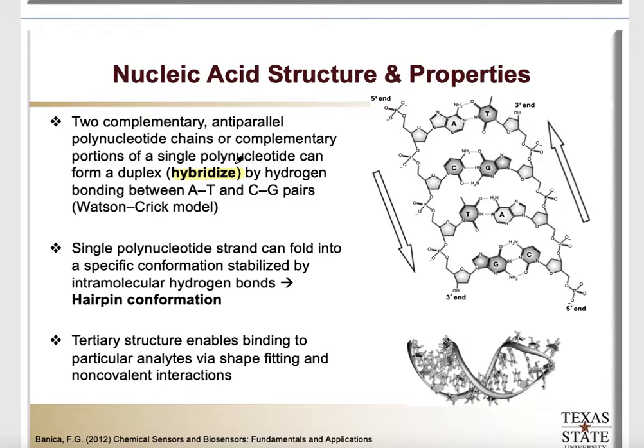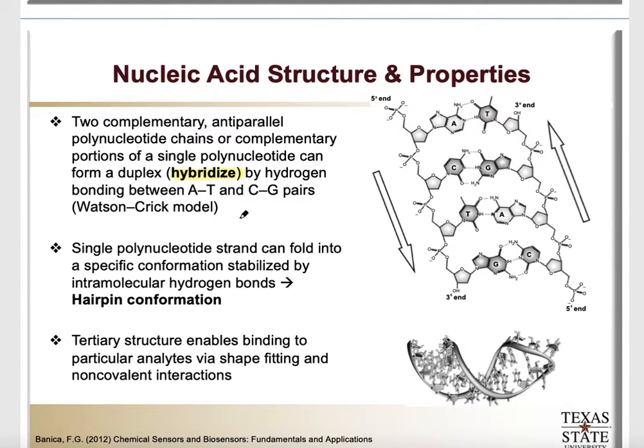So hybridization is the formation of that double-stranded duplex. And this hybridization occurs through hydrogen bonding between the complementary bases. Specifically, adenine binds to thymine, cytosine binds to guanine. These pairs are known as Watson-Crick pairs. That's the normal way of hybridization.